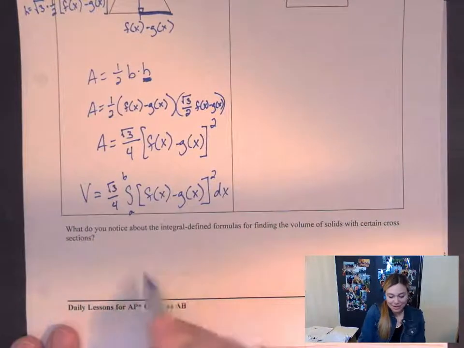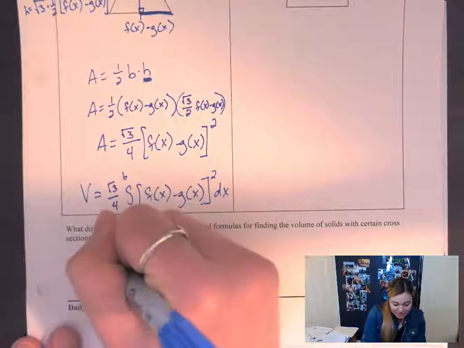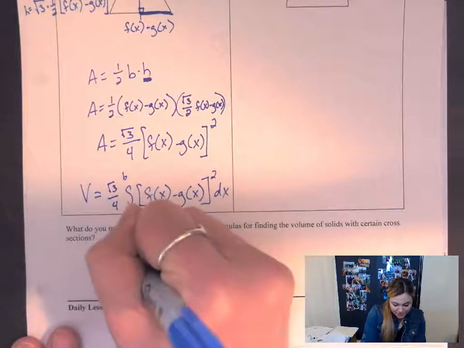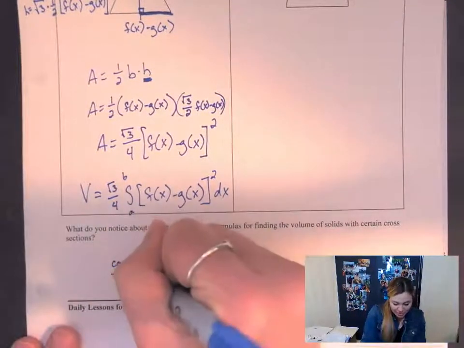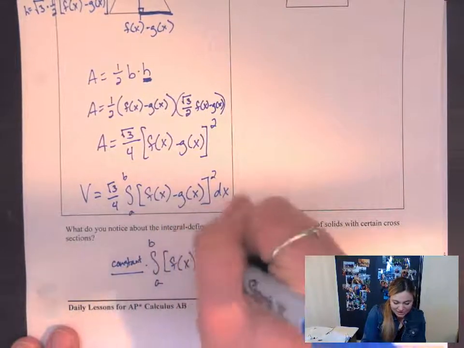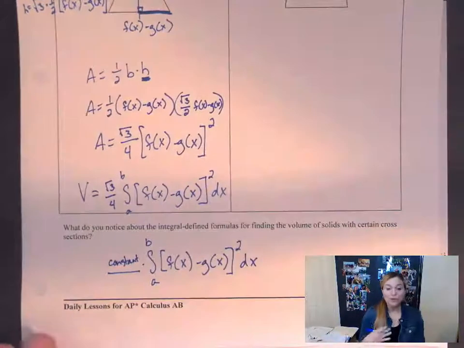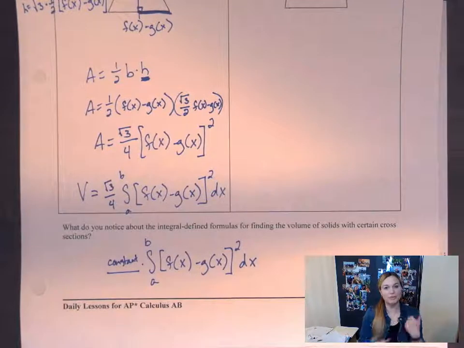And actually all of these are going to be some constant times the integral from a to b of f of x minus g of x squared dx. So for any of these shapes, that's what it's going to be. And the constant is going to change depending on what shape. So this is something that you can memorize so you don't have to go through these steps every time. Just know that a square is just f of x minus g of x squared.